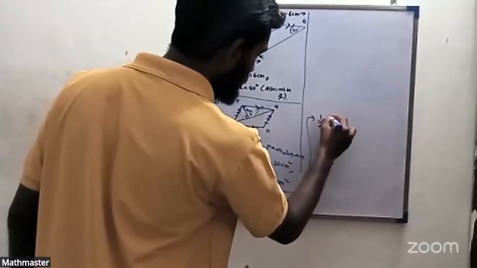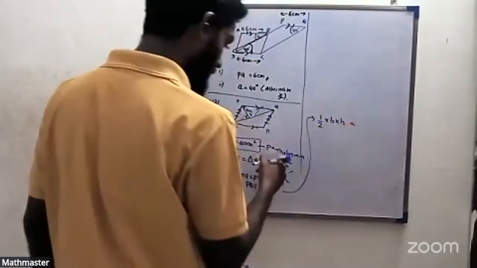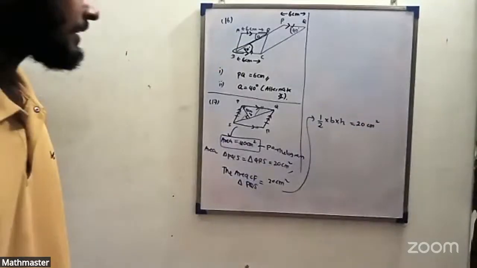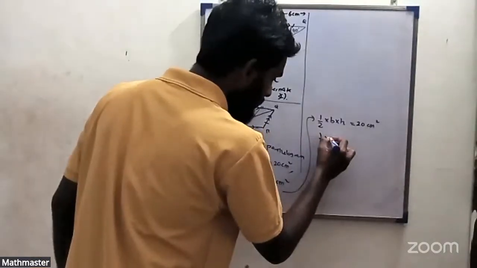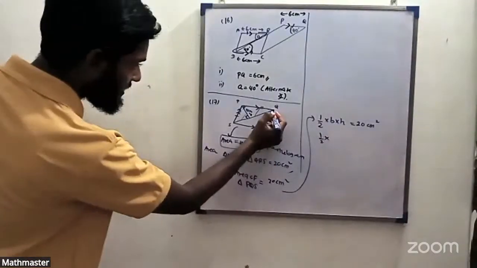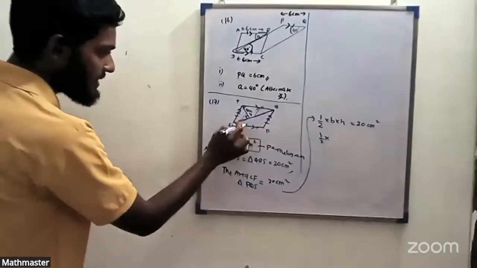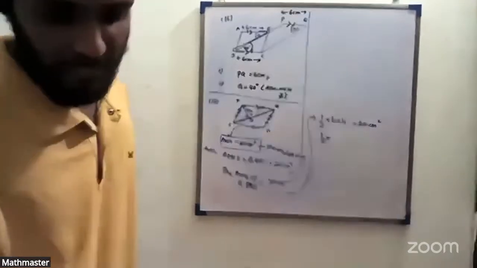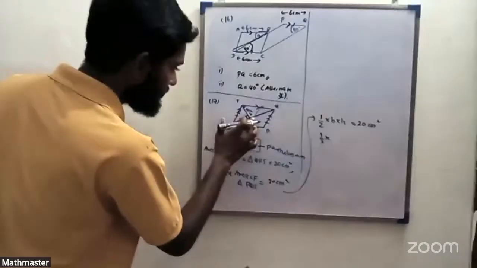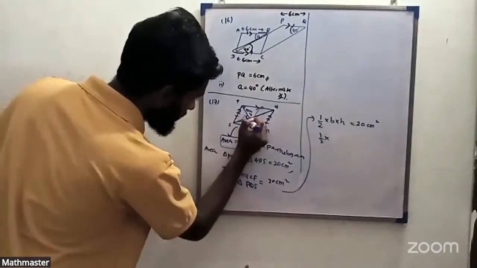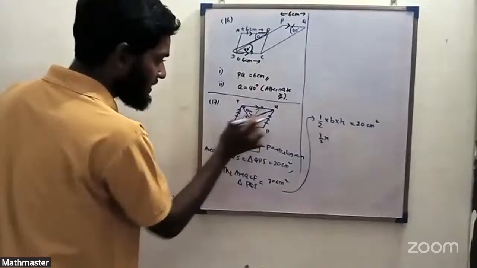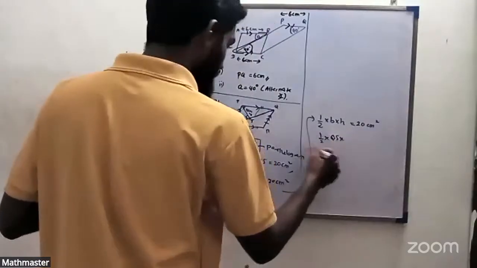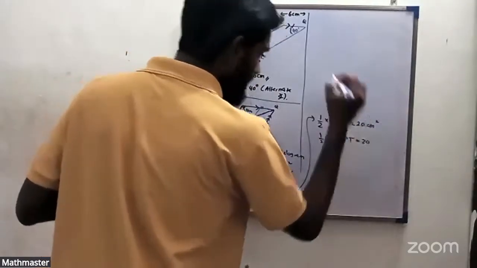Half into base into height equals the area, 20 centimeters square. That is also done. Then in this triangle, QS is the base. Let's name this point T. QS is the base. PT is the height. Half into base QS, height PT equals 20 centimeters square.